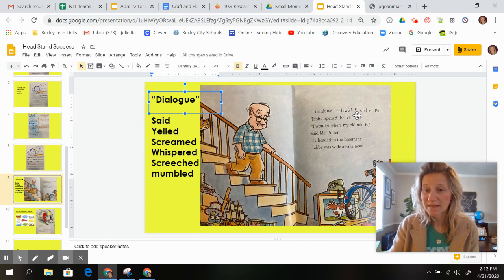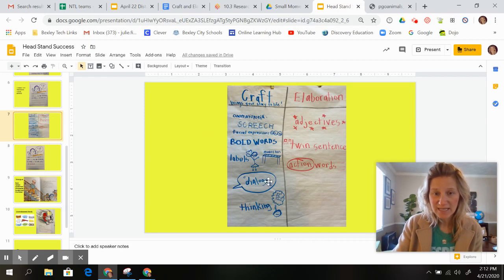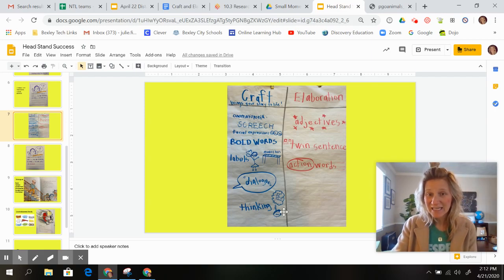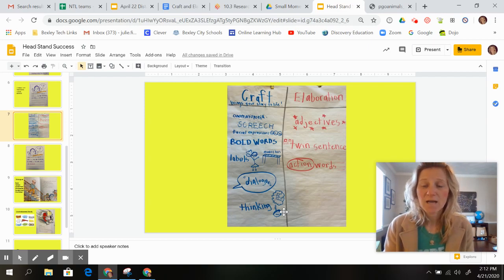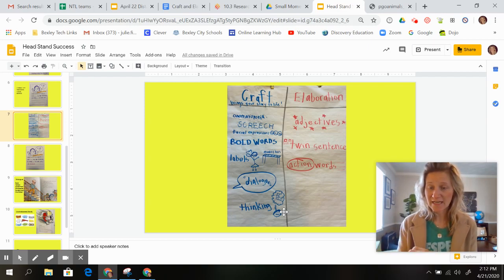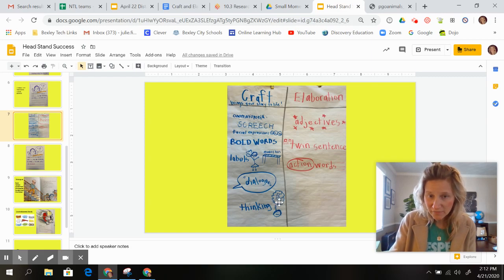So one way that you can make the middle of your story better today is by adding dialogue and describing what your characters say. The next thing that you might add is thinking. You can put this thinking either in your writing in the sentences, or you can add a thought bubble right here.